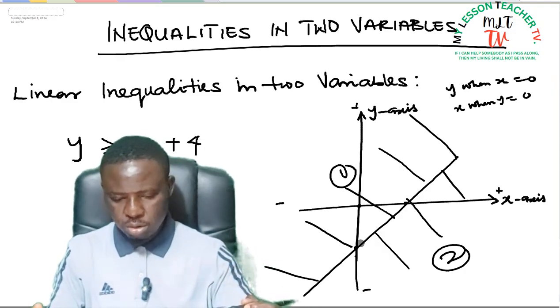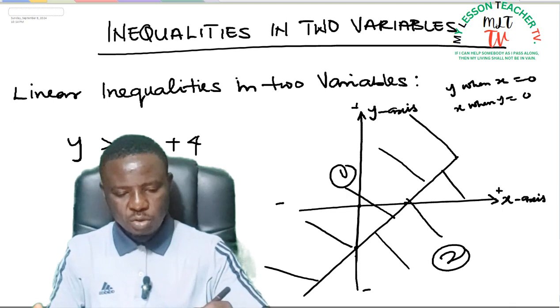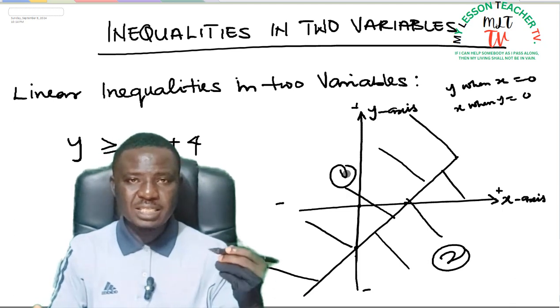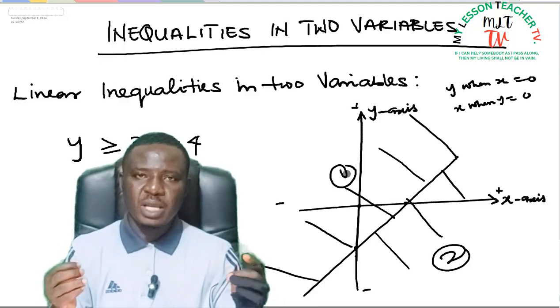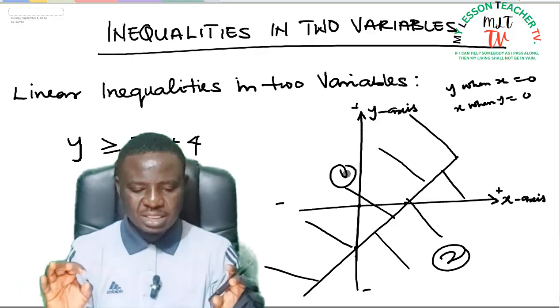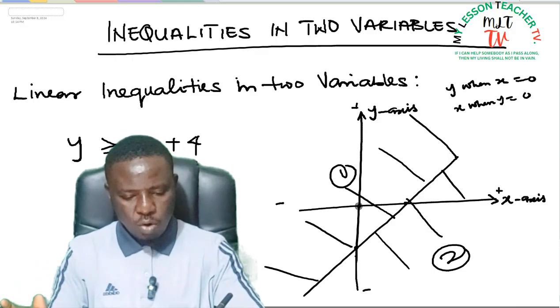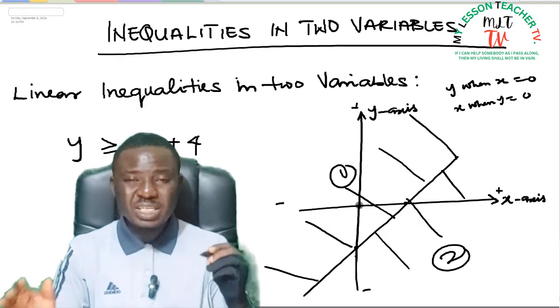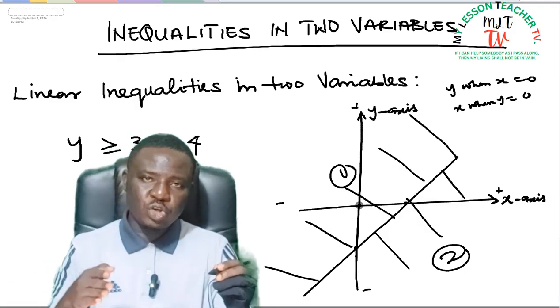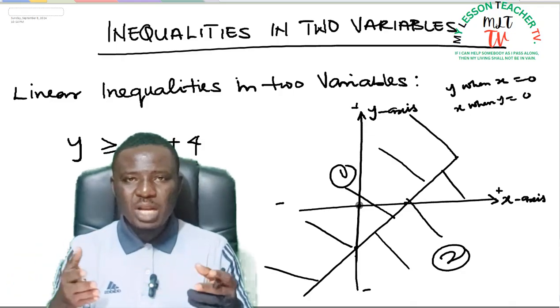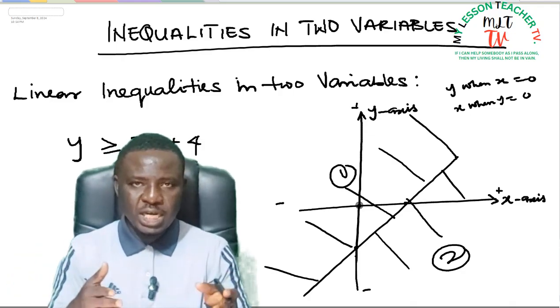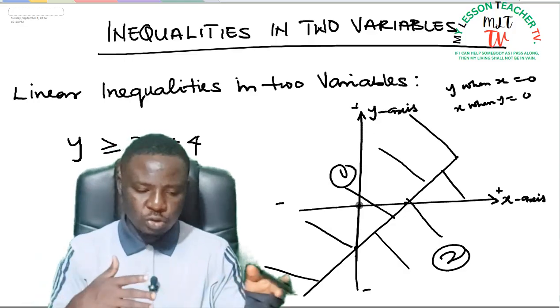When that is done, you can then test to know if region 1 is the required region or region 2. How do we do that? It is best advised that you use the origin to determine which region it falls in. When that is determined, it will inform you if you are to shade region 1 or region 2.